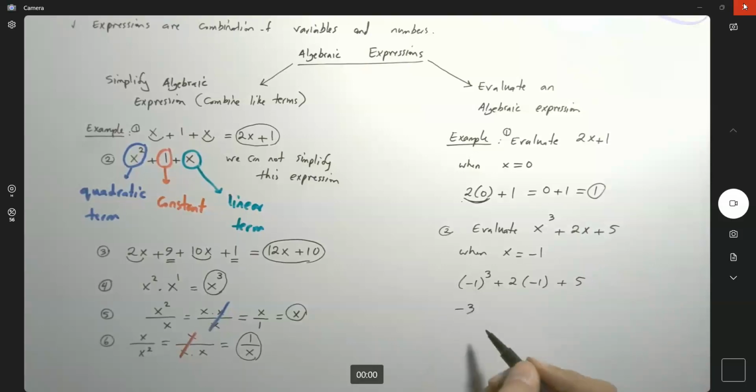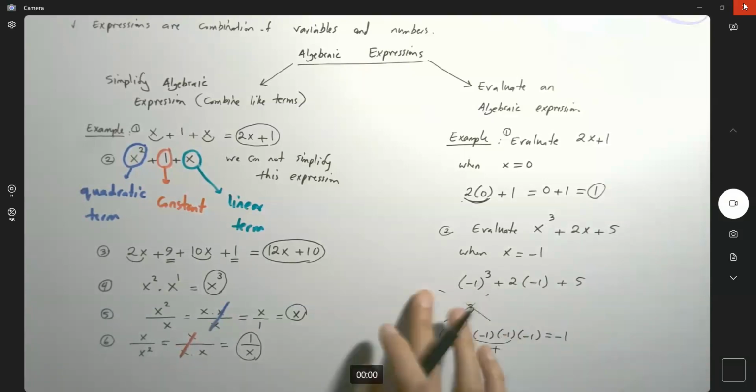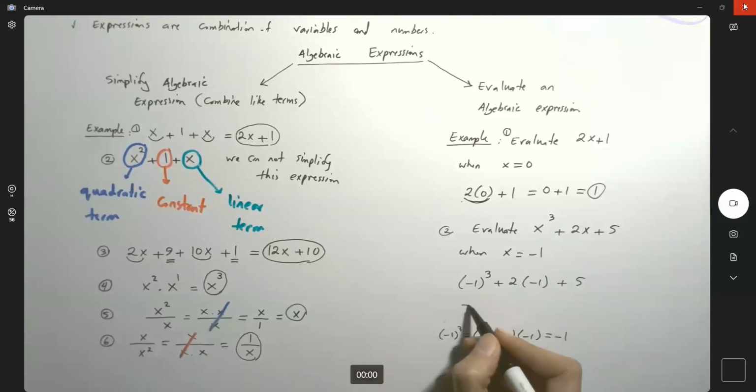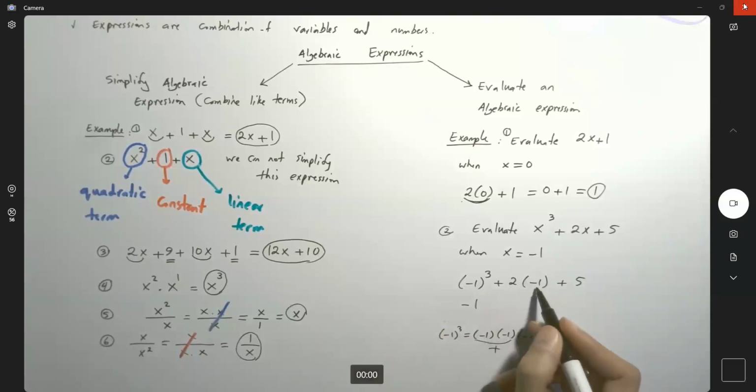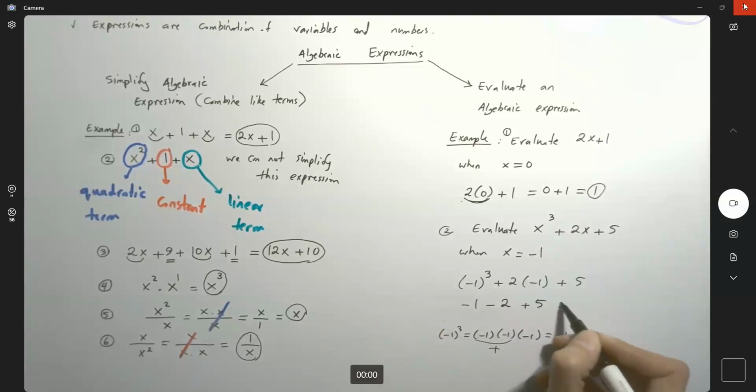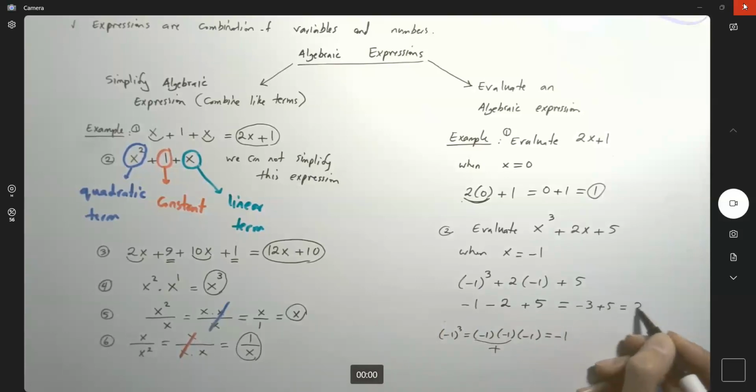Is this -3? Nope, this is wrong. -1 to the third is -1 times -1 times -1. Negative times negative becomes positive. Positive times negative becomes negative. So -1 to the third is -1. So you have a -1 here. 2 times -1 is -2. You get a negative number plus 5. -1 minus 2 is -3, plus 5 becomes 2.